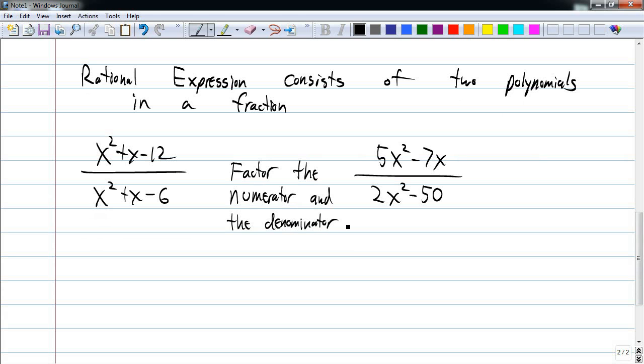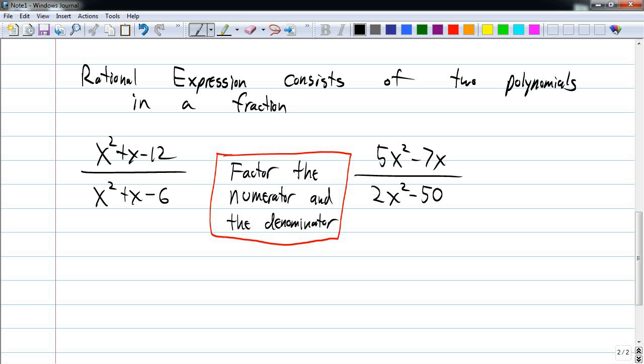Now, in the next few days, I'll pull this back a little bit because there's a few situations where it's only helpful to factor the denominator. But in general, if you see a rational expression, your first thought should be to factor.